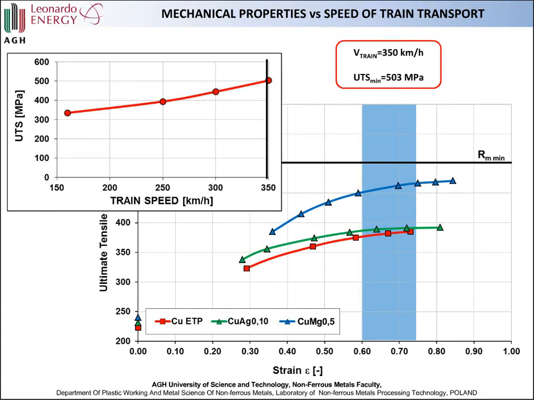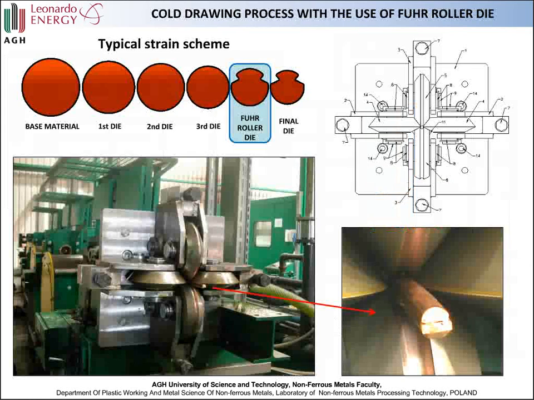Of course, we can use copper silver or copper magnesium with higher magnesium and silver alloy additions, but of course in this situation we will also have to lower the electrical conductivity of those materials, but actually those materials are being used in these systems.